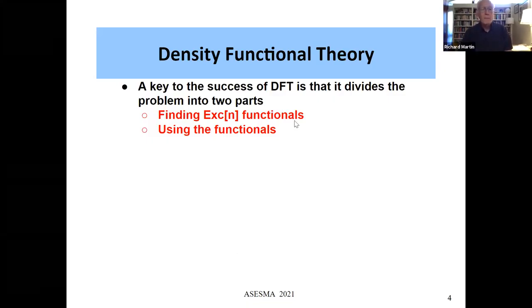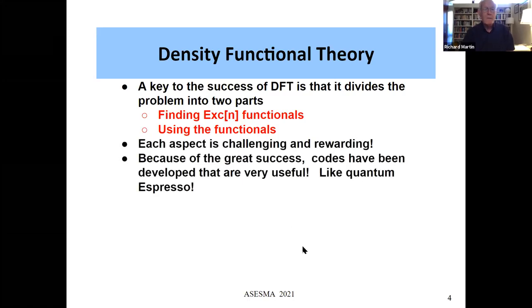A lot of smart people have worked on both aspects of this problem, and it's because one can divide the problem that it has been possible to make such progress. Each of these is challenging and rewarding, and because of this great success, codes that use functionals have been developed that are very powerful, like Quantum ESPRESSO.